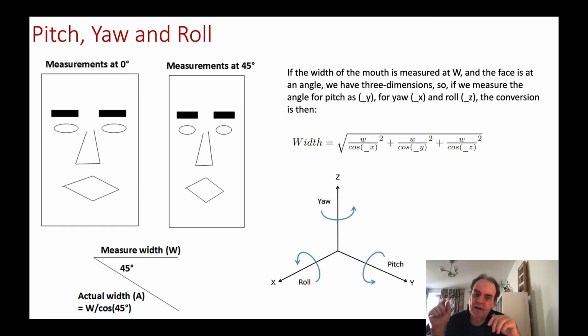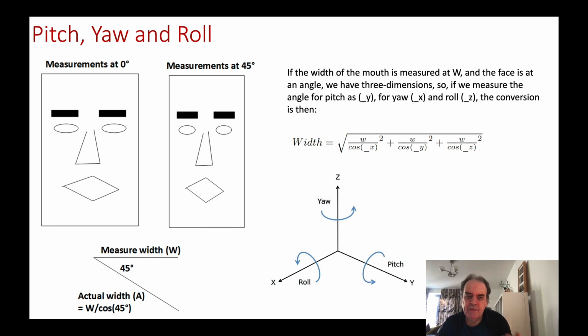So we have yaw, pitch, and roll, which define the angle at which the face is pointing towards the camera. If we had a 45-degree angle, then the distances will change for the measurements.